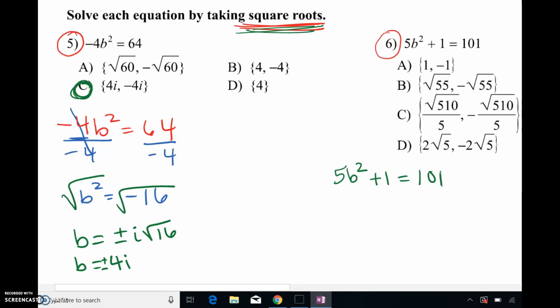So we need to get b squared by itself so that I can take the square root. Subtract 1. 5b squared equals 100. 5b squared, that means that's multiplication, so I need to divide. So b squared equals 20.